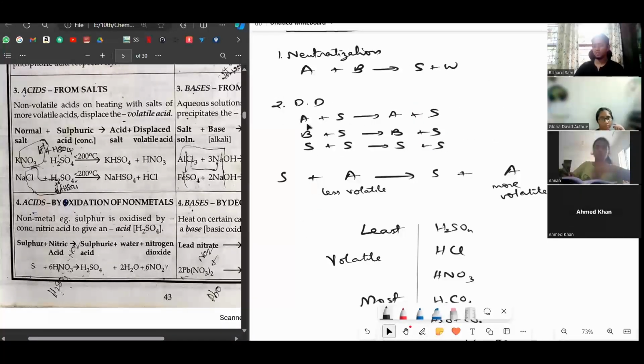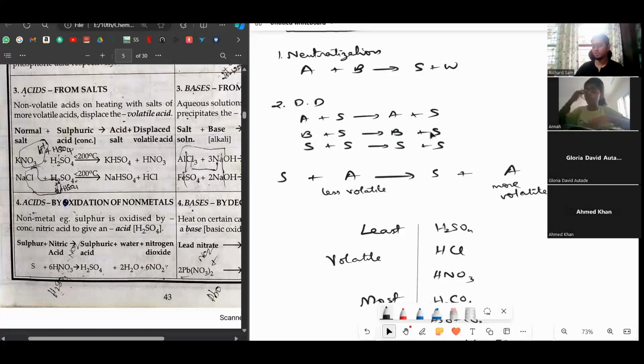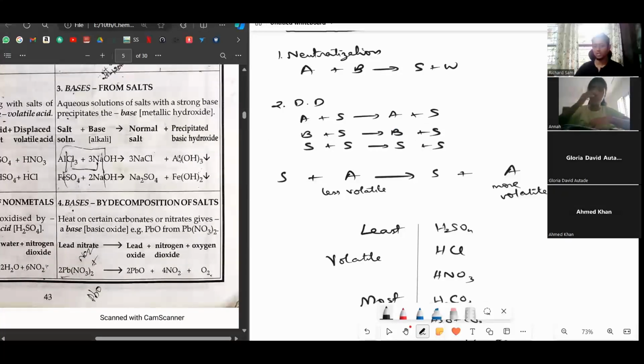Okay, so what we saw here was the first type of reaction, that is acid plus salt gives acid plus salt. And the condition in this reaction was that the acid that you're producing should be more volatile than the acid that you're using. Only one condition. Okay. All right, now we'll go to the second reaction, that is base plus salt will give base plus salt. Now here also there are two conditions.